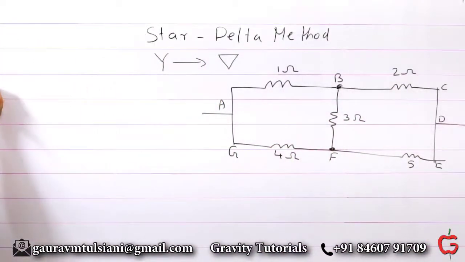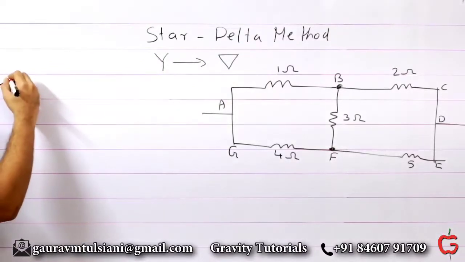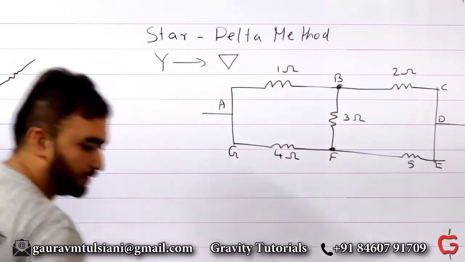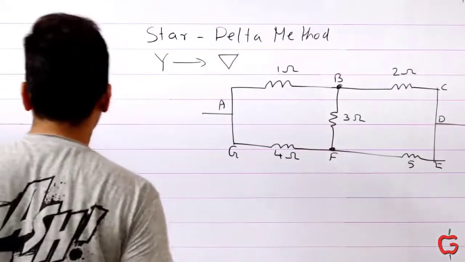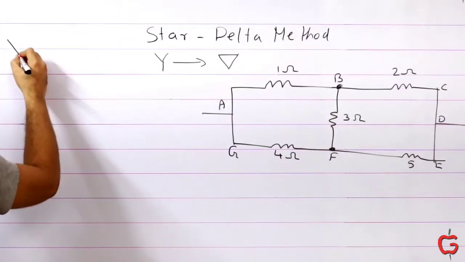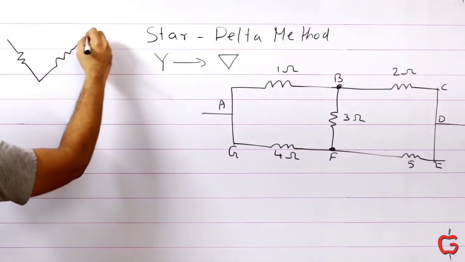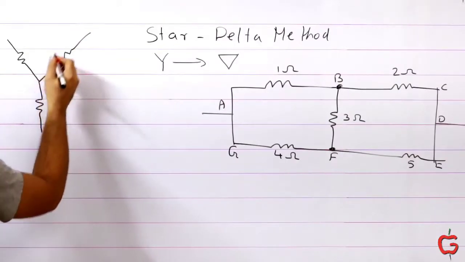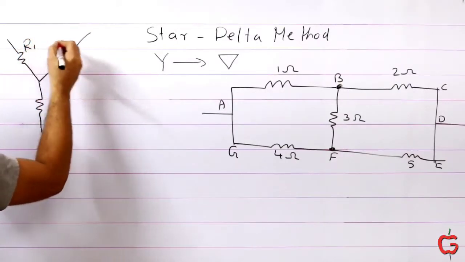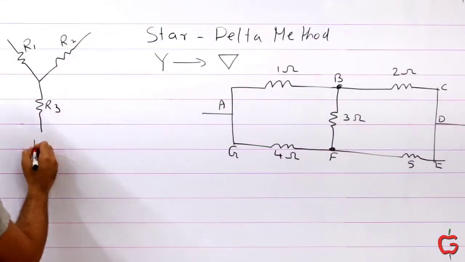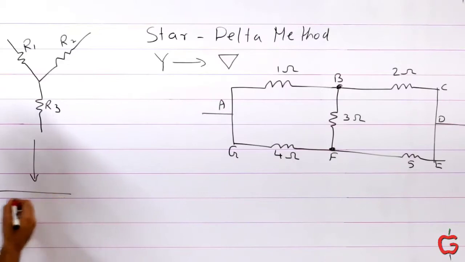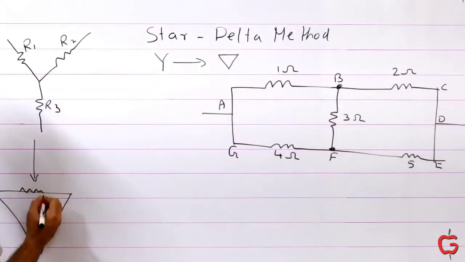So this is our star. This is B junction. For now I'll name them as R1, R2 and R3. This can be converted into delta.